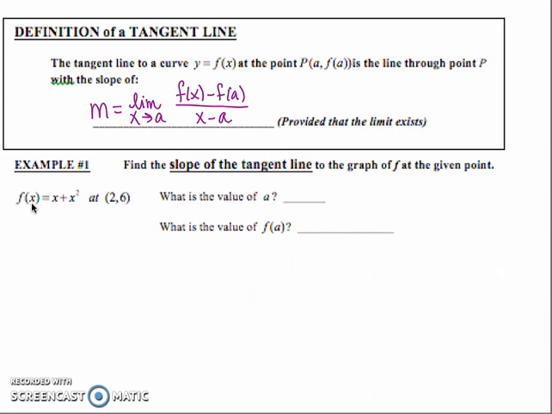This of course is provided that the limit exists. This is the work that we just did on the previous problem. So now let's apply this new formula that we have to the next example.